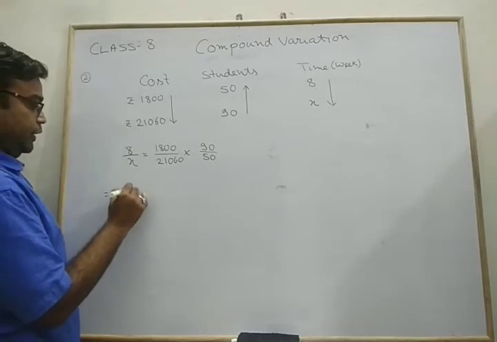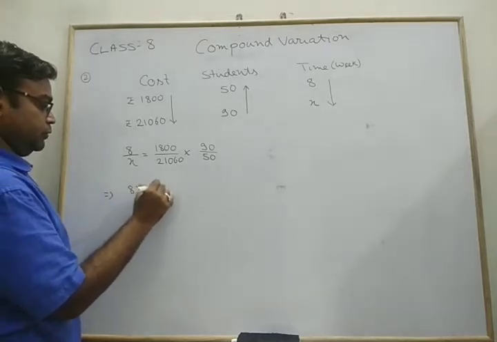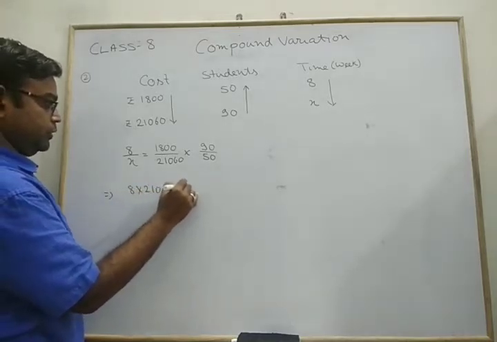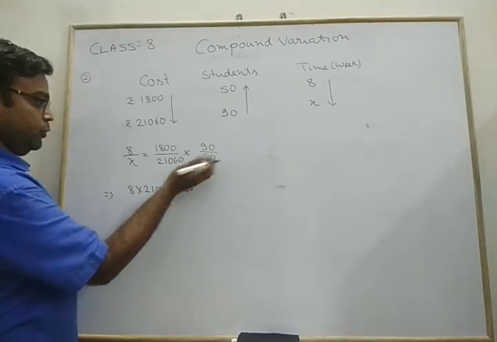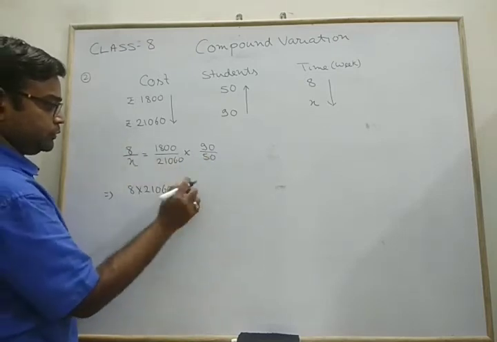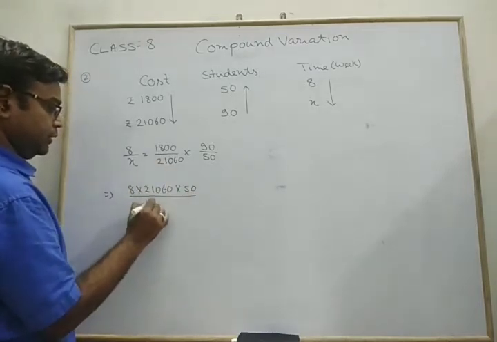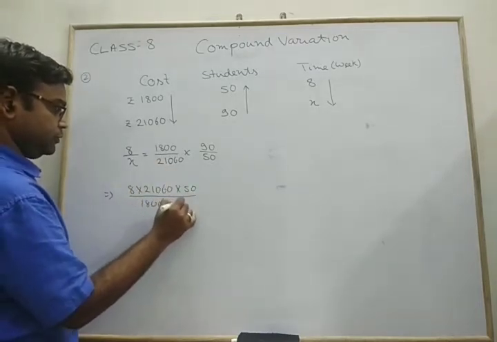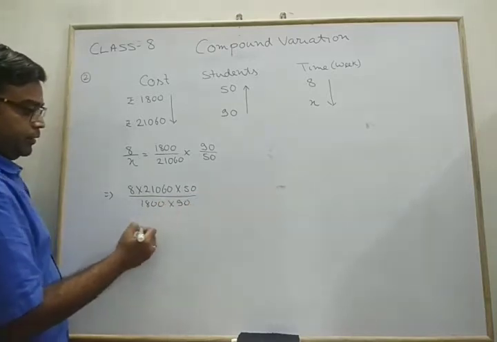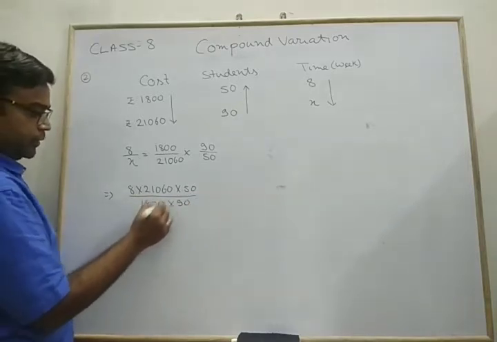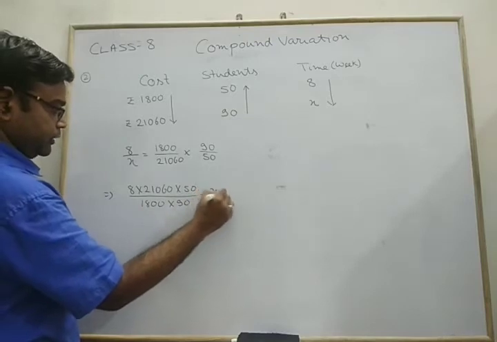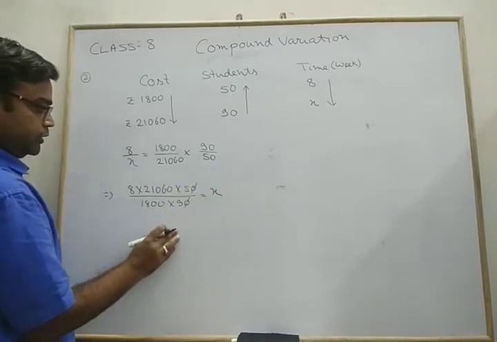What we have is 8 into 21,060 rupees into 50. The denominator part comes in the numerator part. By 1800 into 90 equals x.